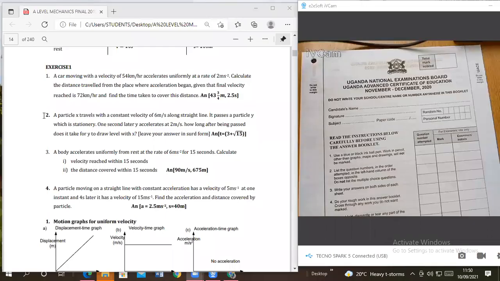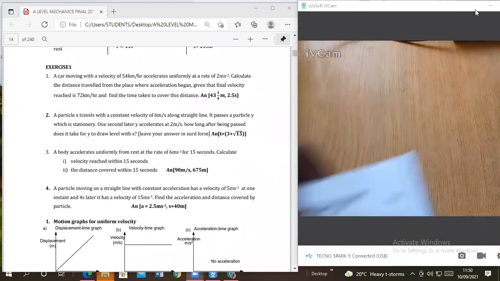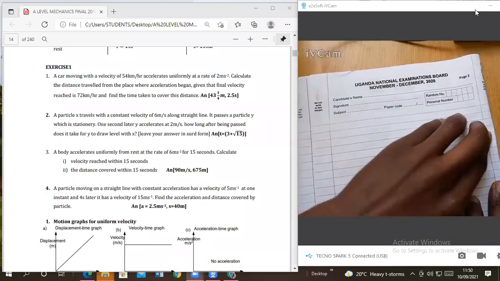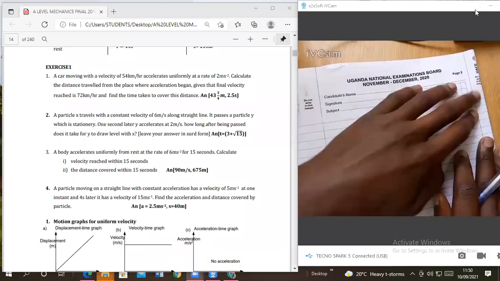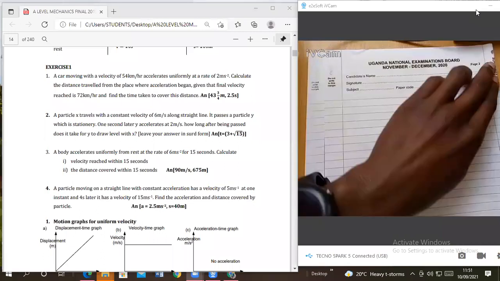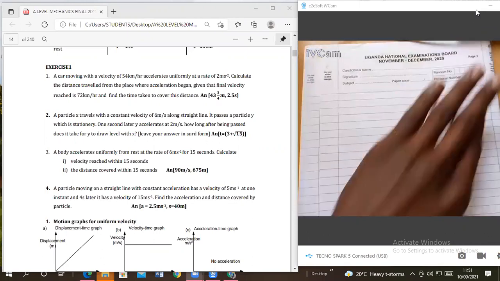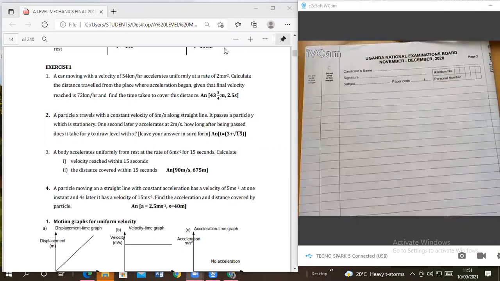Yes, members, can we look at question 2? But I believe what I've sent people have understood, right? I remember sharing with you some of the work. Yes, I remember sharing this question with you.